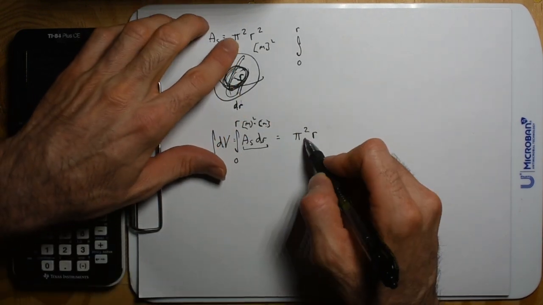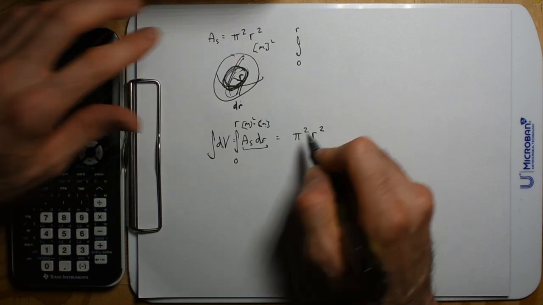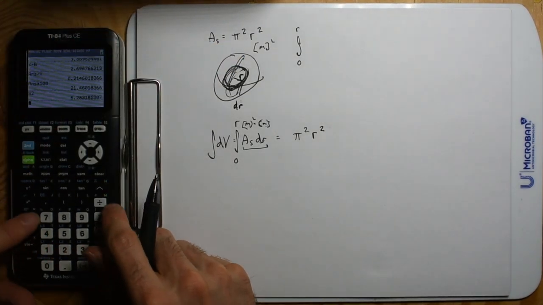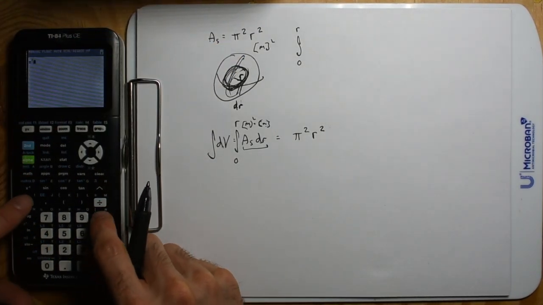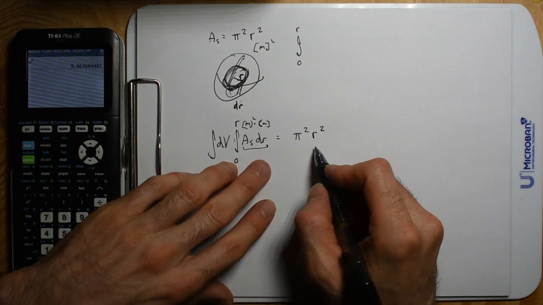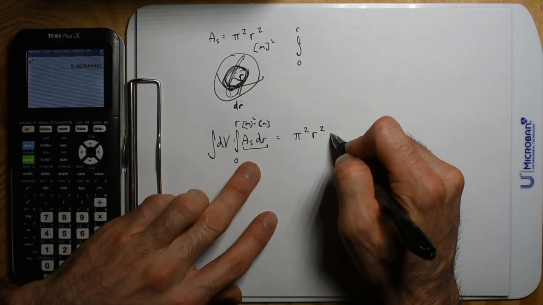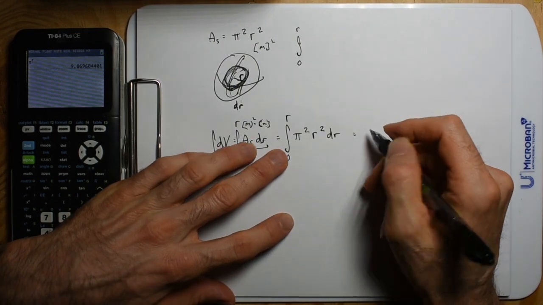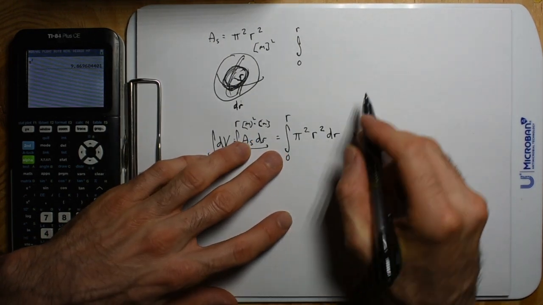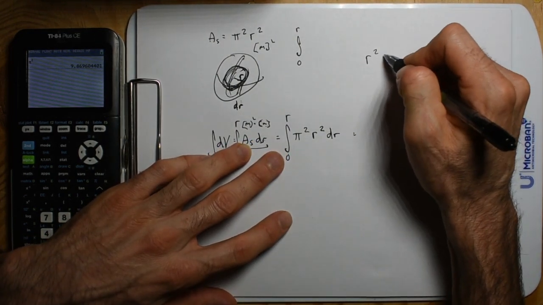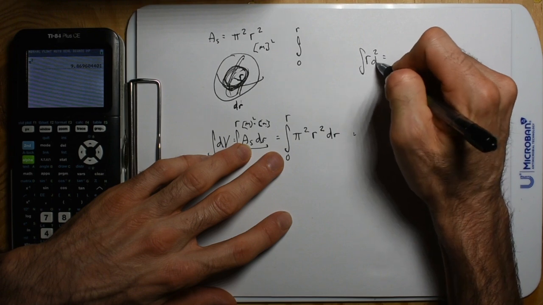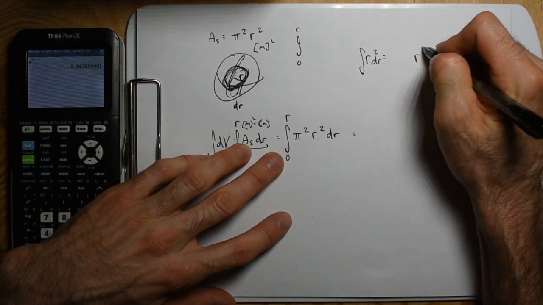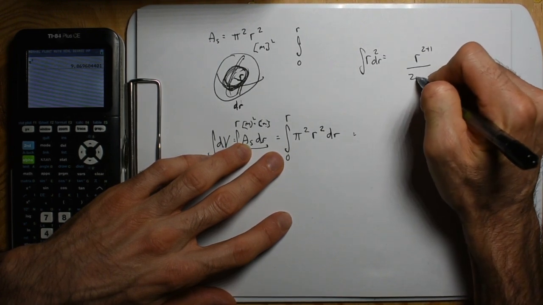Okay, so this term is pi squared r squared. I just want to check that. Pi squared was 9.86. Cool. And then we're going to go dr, so now we're going to integrate from 0 to r. What's the integral of r squared? The integral of r squared dr is going to be r to the 2 plus 1 divided by 2 plus 1.